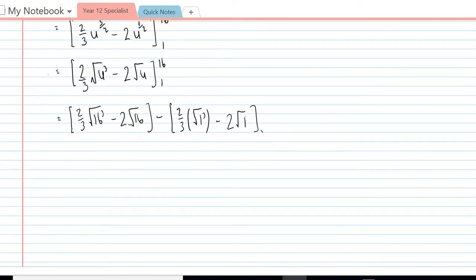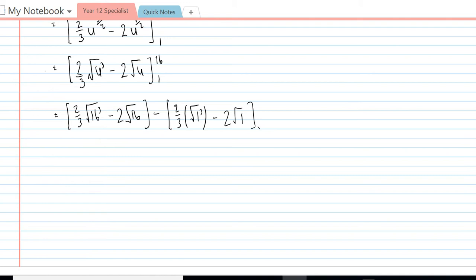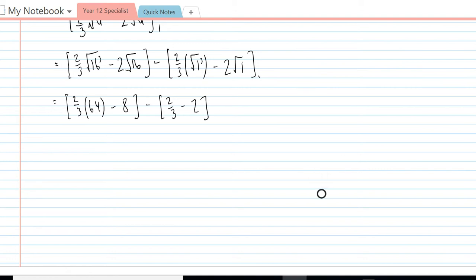And I don't really know what 16 cubed is, but I do know that the square root of 16 is just 4, and that 4 cubed is 64. So this is 2/3 of 64 minus, now that just becomes 8, and then minus 2/3 take away 2. To make this a little bit easier to evaluate, 2/3 of 64 isn't very nice, so I'm going to write it as 128 on 3.